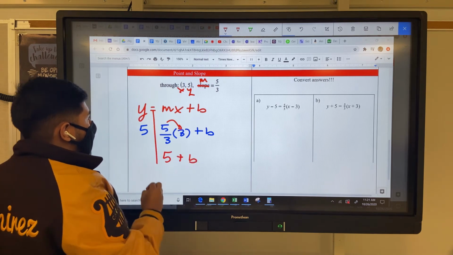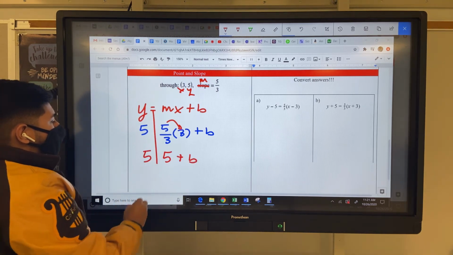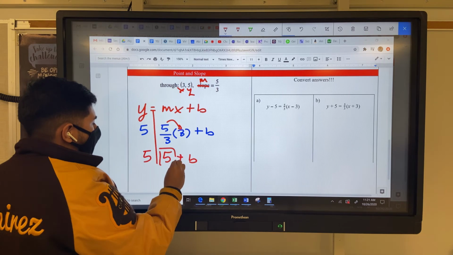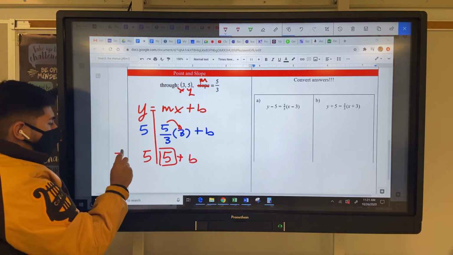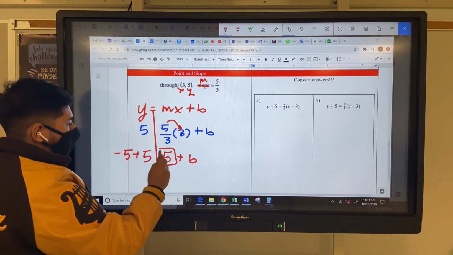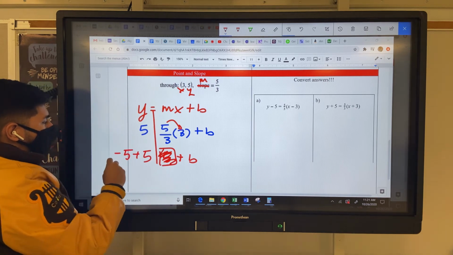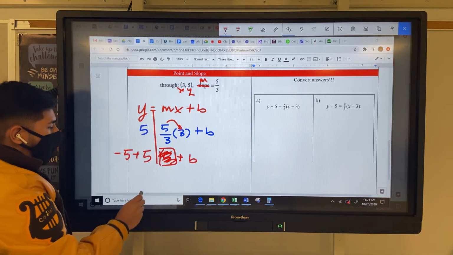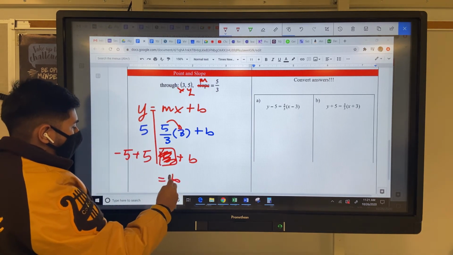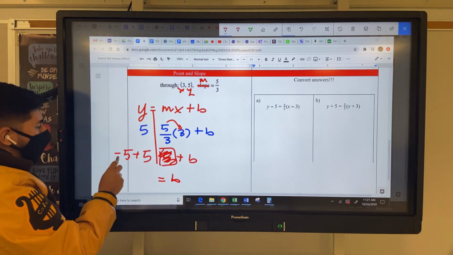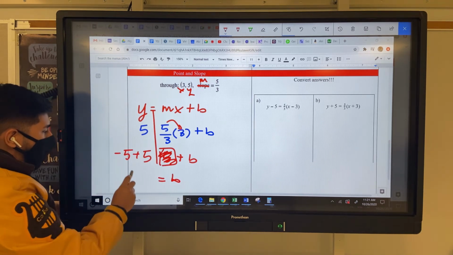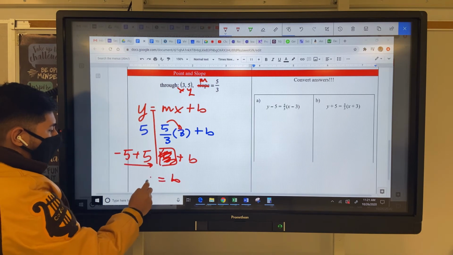Plus b. Bring down that 5. 5 has to move, but something's going to happen. I have -5 plus 5. That turns to negative. Bring down that positive 5 to give me my b value. It's going to look a little weird. -5 plus 5, calculator. That gives me 0.